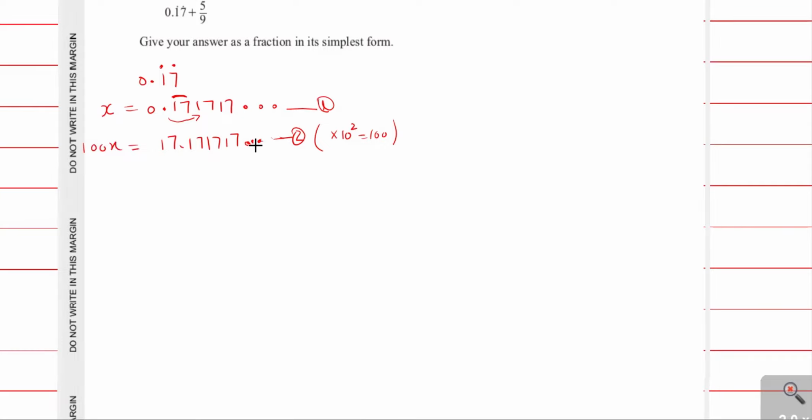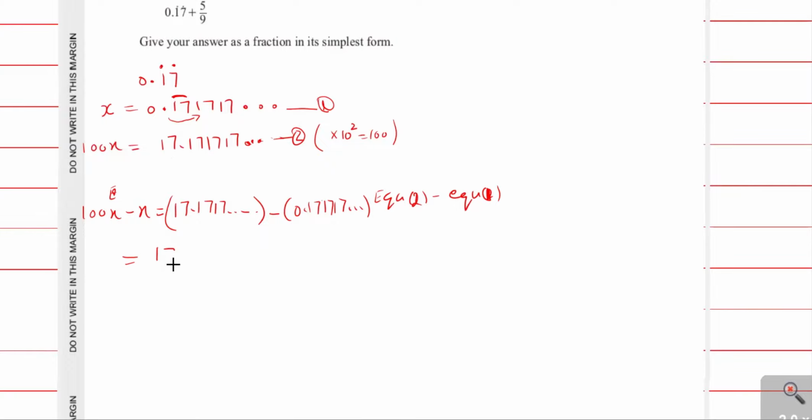We will subtract equation 1 from 2. This will become 100x minus x equal to 17.1717 minus 0.171717, and this will be equal to 17, and this is 99x, x equal to 17 over 99.